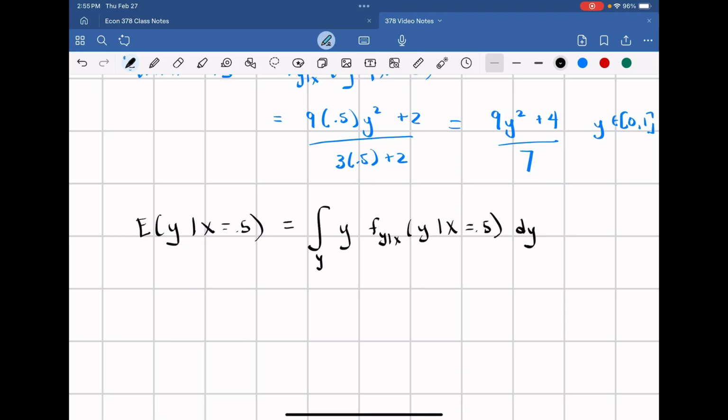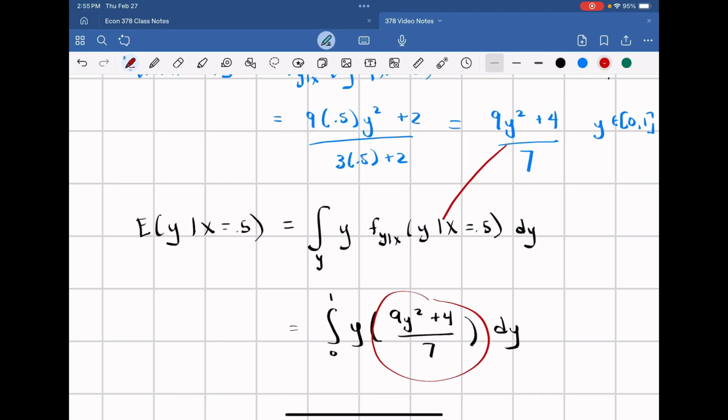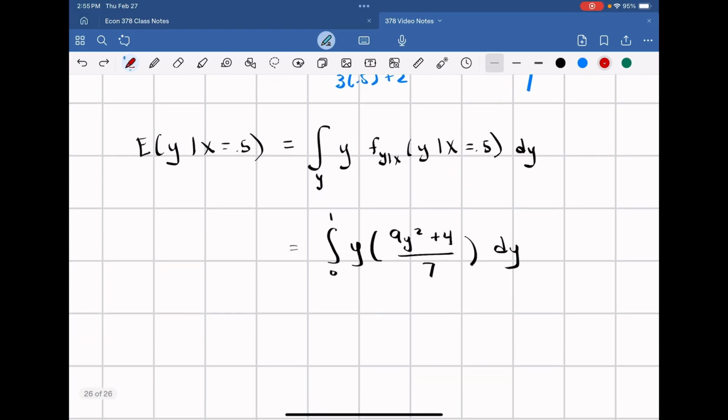Again, it's just our value of y times the distribution. So y goes from 0 to 1, of y times (9y squared plus 4) over 7, dy. This comes from plugging in x equal to 0.5. Now we'll just integrate.